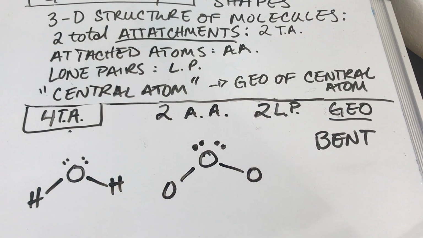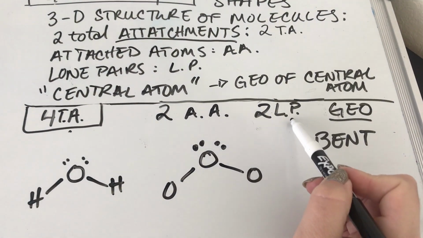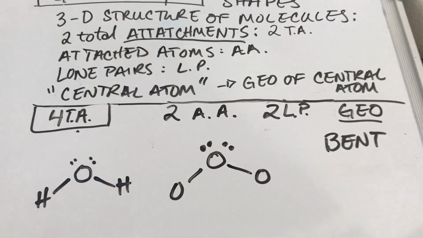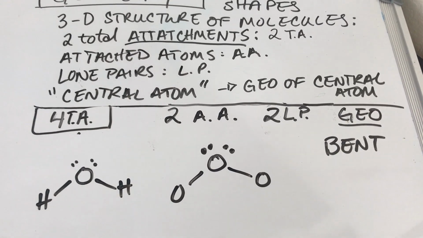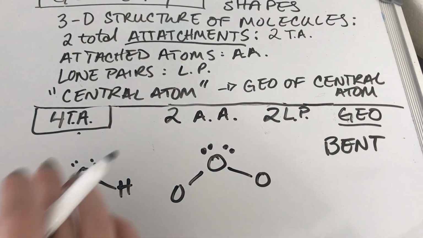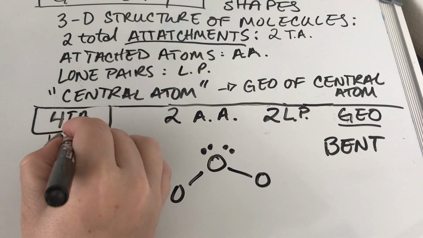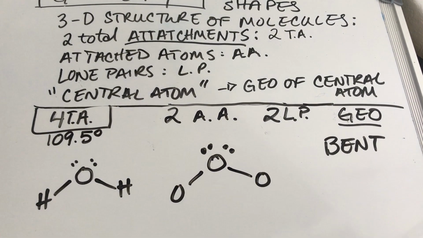And would this still be 4 total attachments? Mm-hmm. Yep. Because attached atoms plus lone pairs. So when we're talking about total attachments, we're talking about the sum of attached atoms and lone pairs, right? And so even though there's only 2 attached atoms in this molecule, we still have angles of 4 total attachments, right?